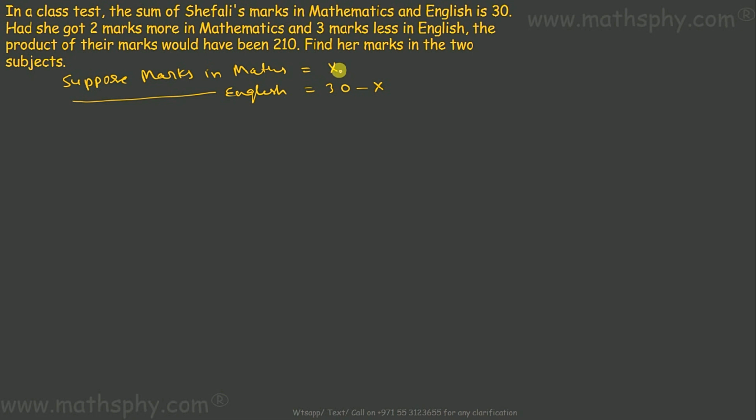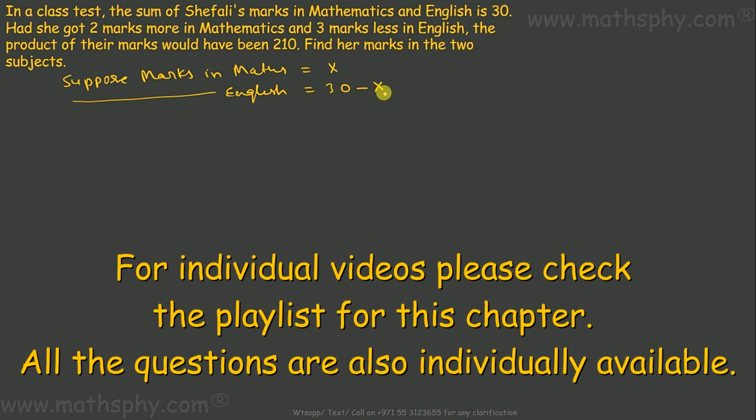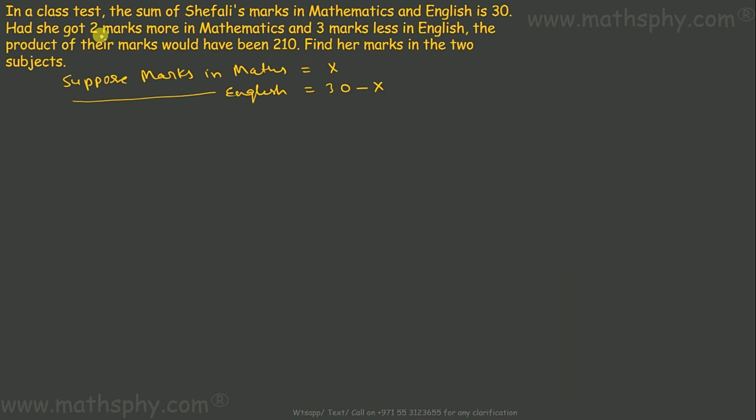If maths has X marks, English would be 30 minus X. It says, had she got 2 marks more in mathematics and 3 marks less in English, means 2 marks more in mathematics and 3 marks less in English, means 30 minus X minus 3.